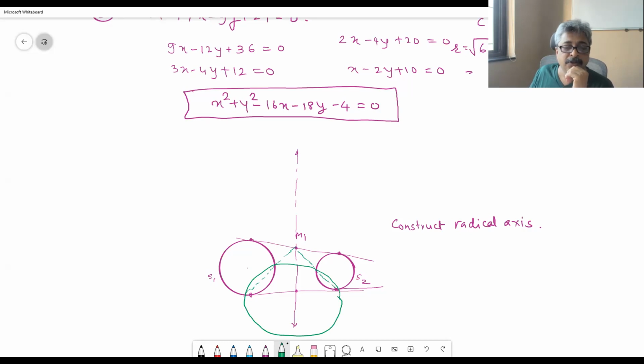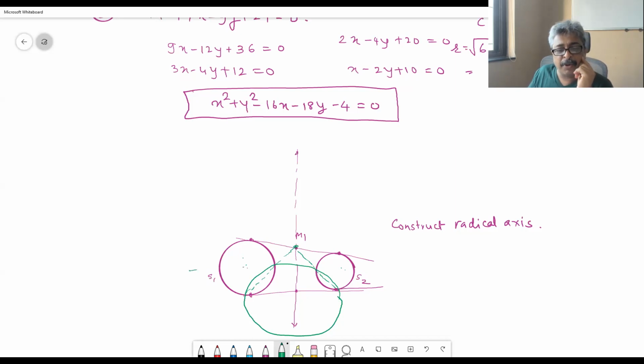Okay. So this point belongs to the radical axis of these two circles because of the concurrency that we have proved just now. As far as these three circles are concerned, this is the radical center and it should belong to the radical axis of S1 and S2.